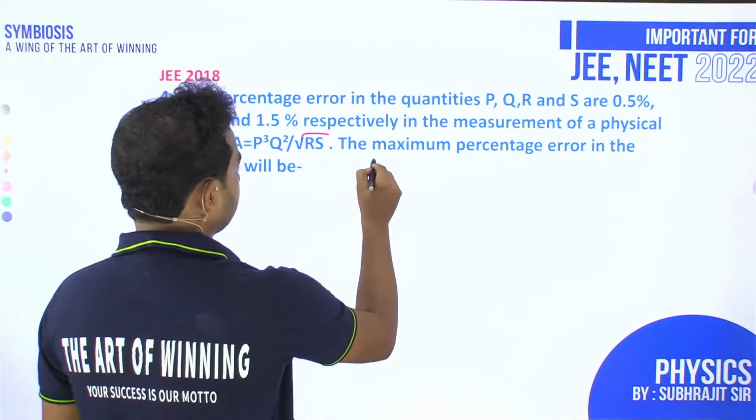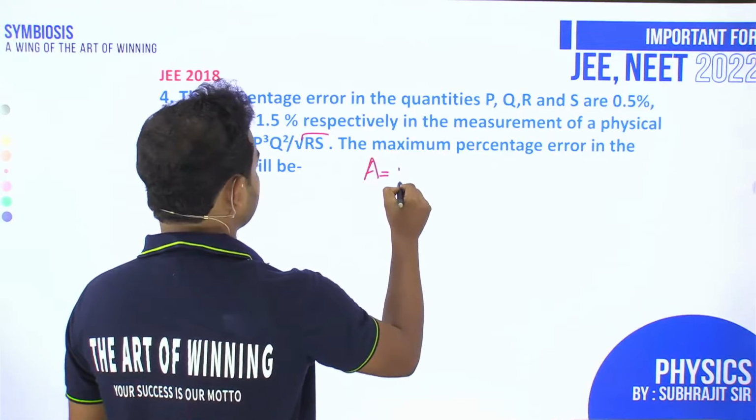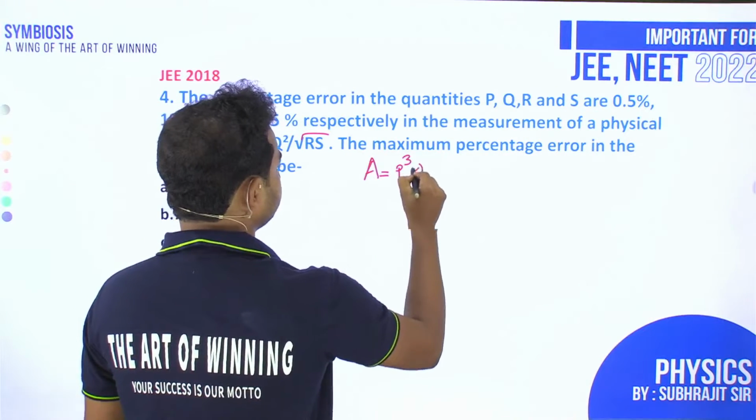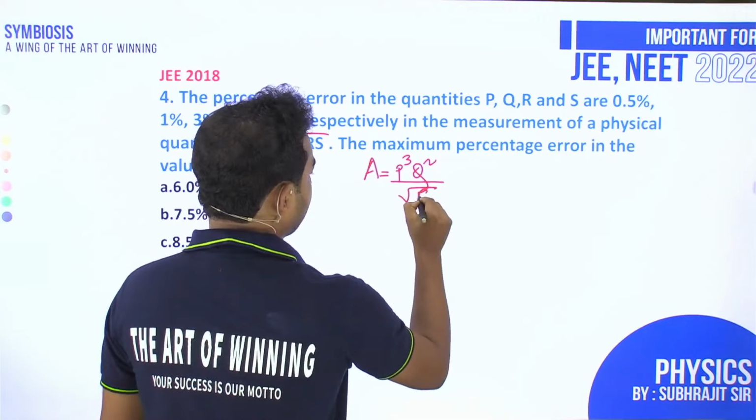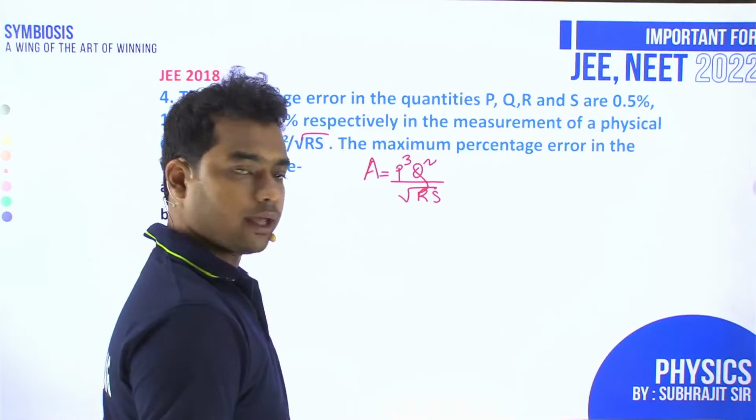So here the equation is A equals P cubed Q squared divided by root over RS.